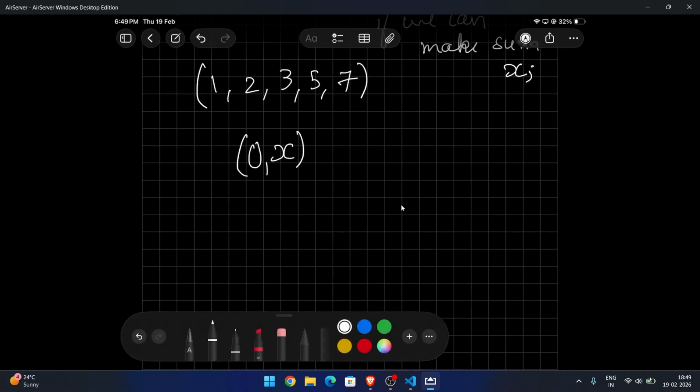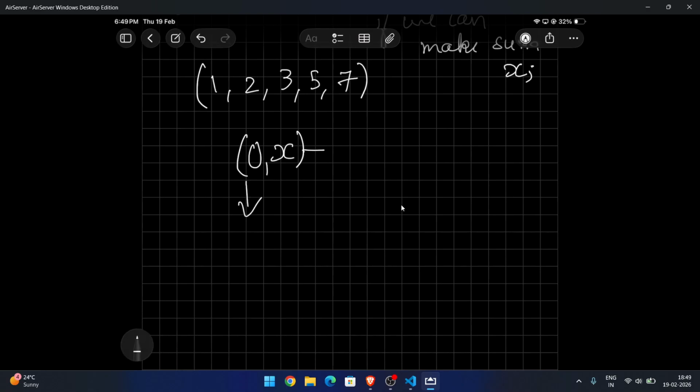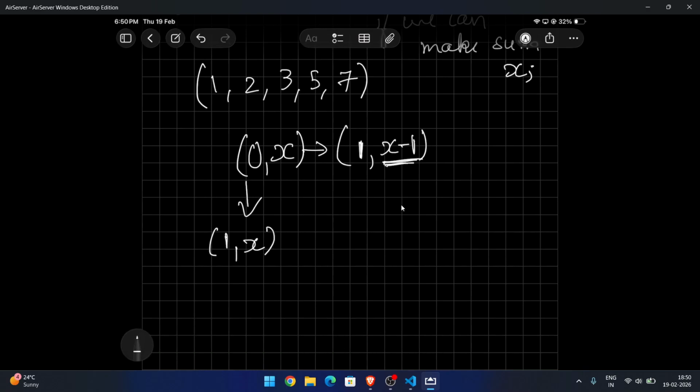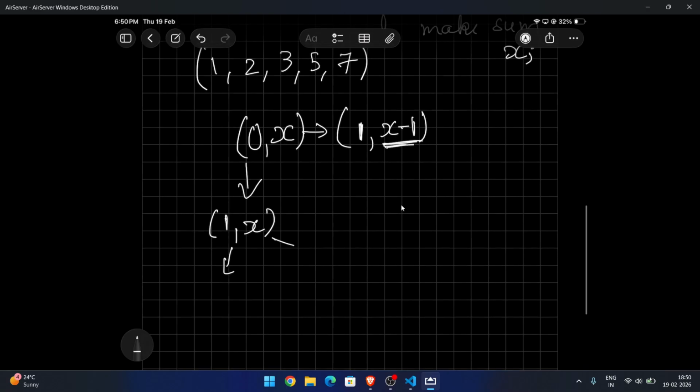From here, I can select 1 in my subset. If I select 1, I would check if it's possible to make the sum x minus 1, because I already took 1, starting at index 1. Or if I choose to skip this step, then it will be starting from index 1 and still ending at x.